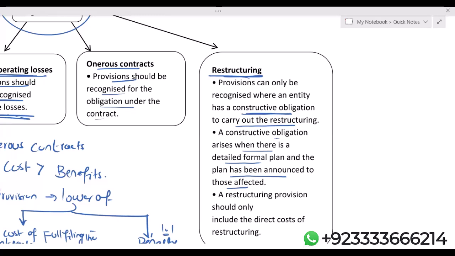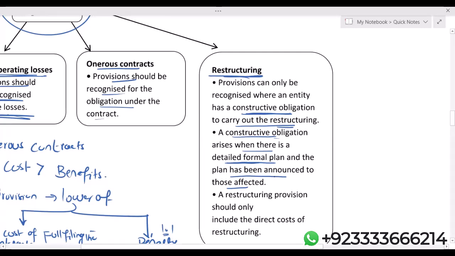Now, according to IAS 37, a provision for restructuring will only be recognized when there's a constructive obligation to carry out restructuring. A constructive obligation arises when there's a detailed formal plan which has been announced to those affected. It means a detailed formal plan approved by the BOD and a proper public announcement to those affected, for example, the key stakeholders.